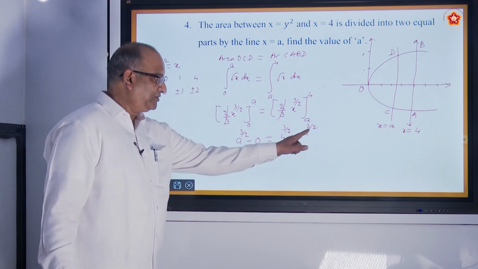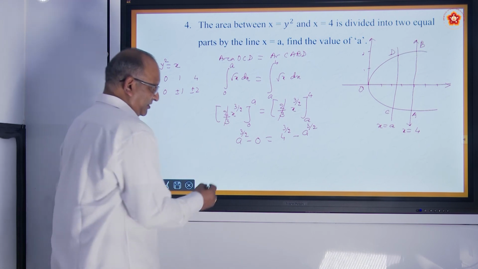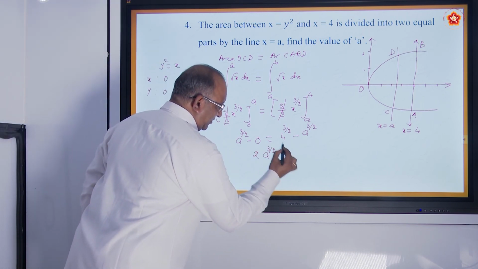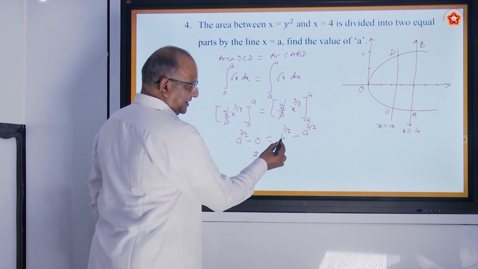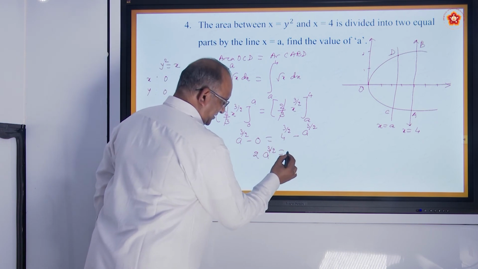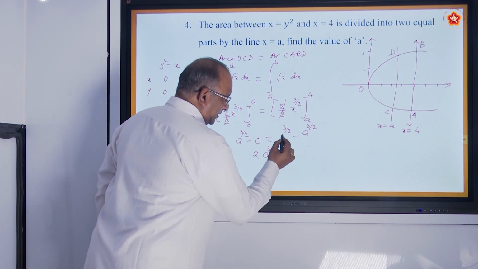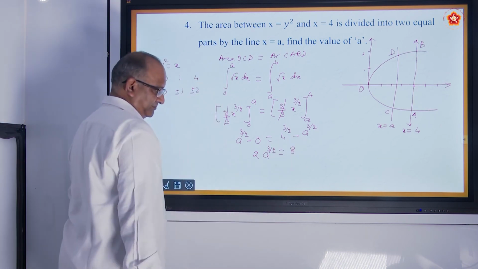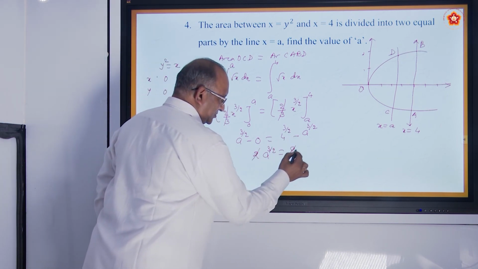Get that minus A to the power 3 by 2 to this side. It will become 2A to the power 3 by 2 equal to 4 to the power 3 by 2. 4 can be written as 2 square, the 2 and 2 will get cancelled and you will be left with 8. 2 ones are, 2 fours are.